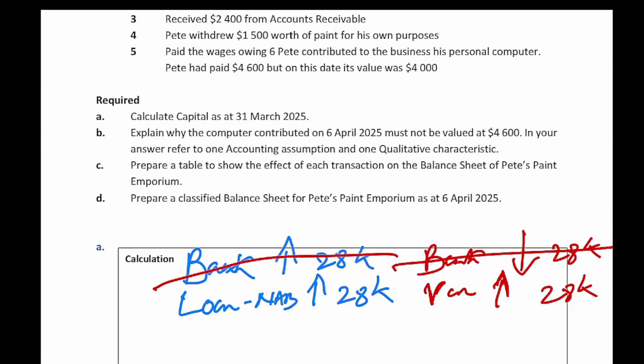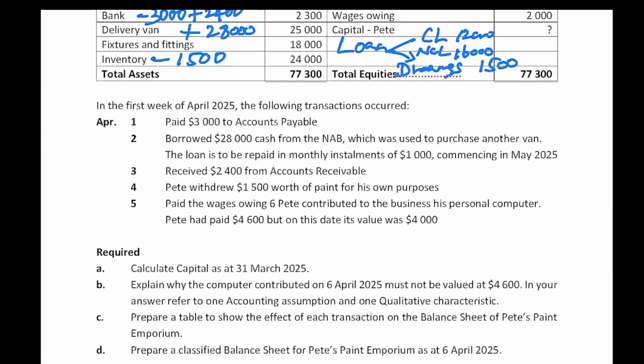Right. Then fifth, paid the wages owing. What happens? Bank decrease, correct? And what is the other item?